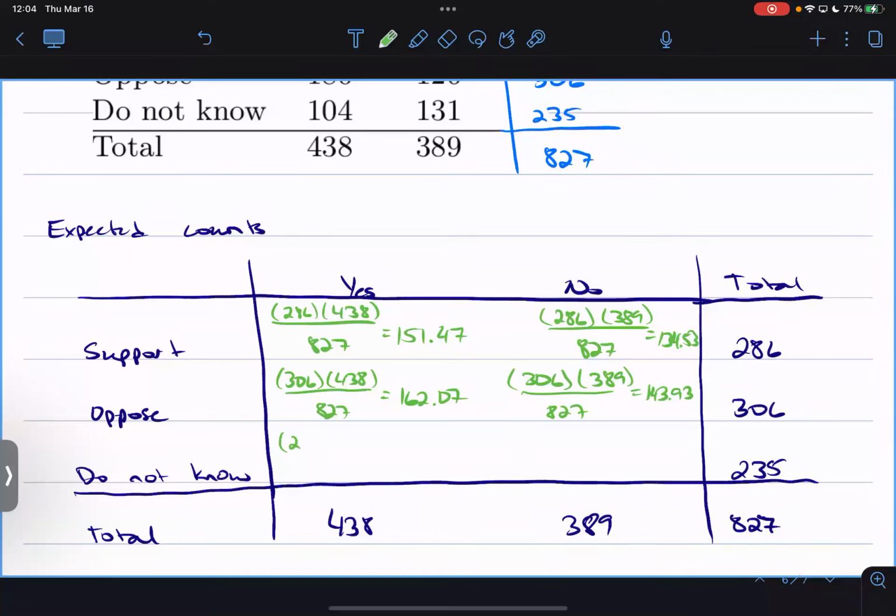Finally, the do not know category, 235 times 438 divided by 827 is 124.46. And finally, 235 times 389 divided by 827 is 110.54.